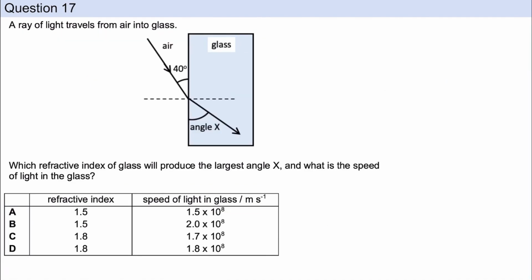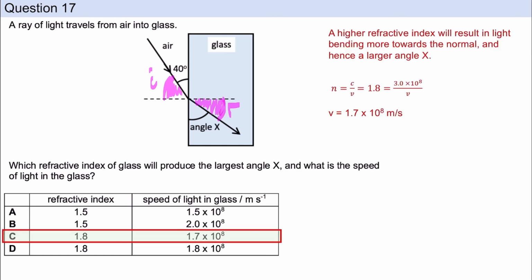Question 17. Test your understanding of refractive index. Over here, the angle of incidence is given by this angle i, and the angle of refraction is given by this angle r. To produce the largest angle X, you want a small angle r, which means you want a high refractive index.